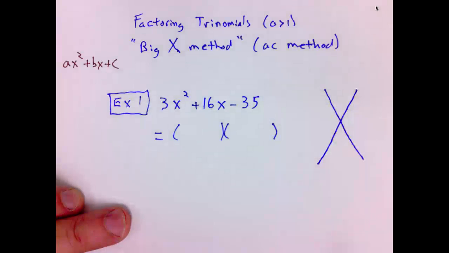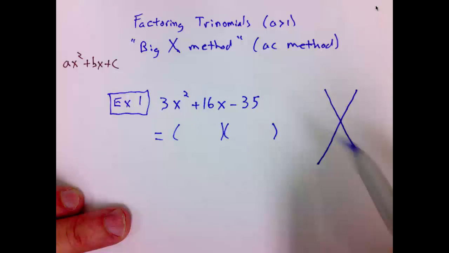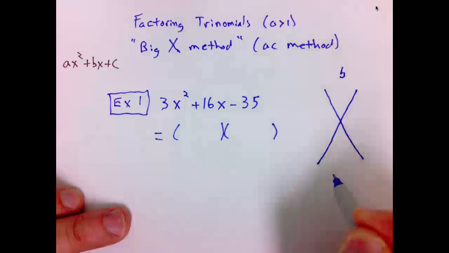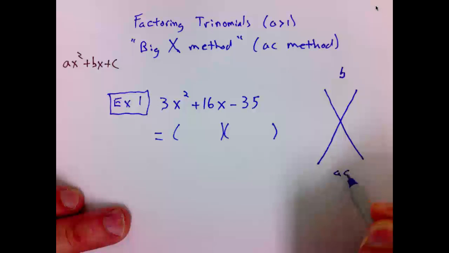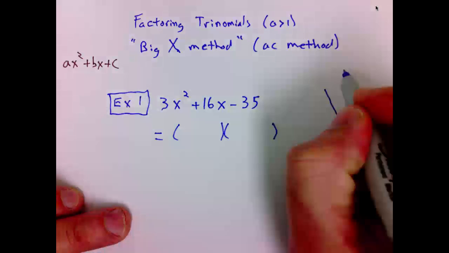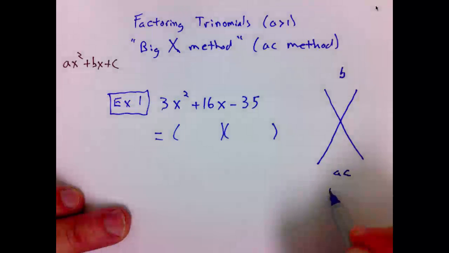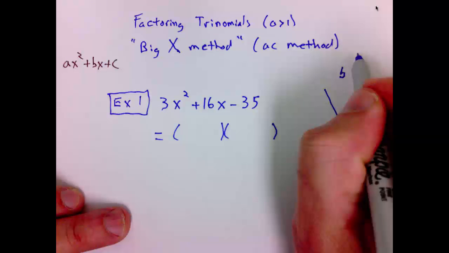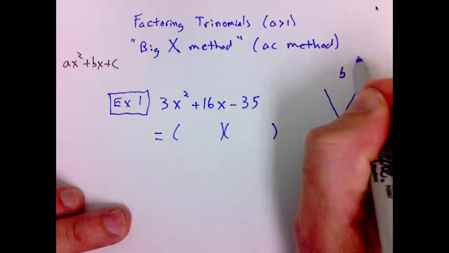Now, this big X has nothing to do with our variable, it's just a table. And in this table, we're going to place our B term in the top and our AC term in the bottom, A times C. We're looking to multiply to give this term, and we're looking to add to give this term.